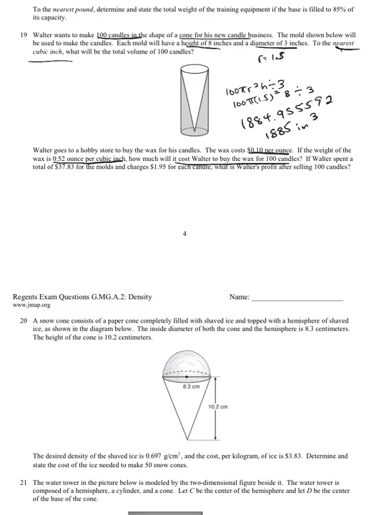Okay, so here you have your 1885 cubic inches. You're going to multiply that by 0.52 ounces per cubic inch. That is going to give you the number of ounces.